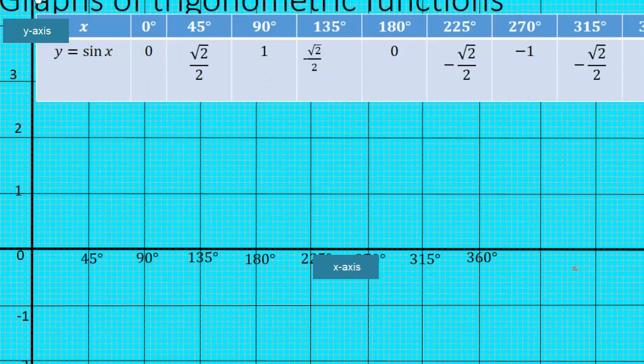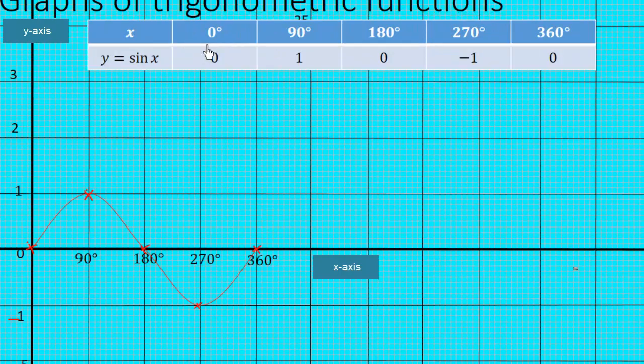Now, if you have this also, this time the interval is 0 to 360 degrees, but we have changed the step. The step is 45 degrees, unlike the previous one where we were using a step of 90 degrees.